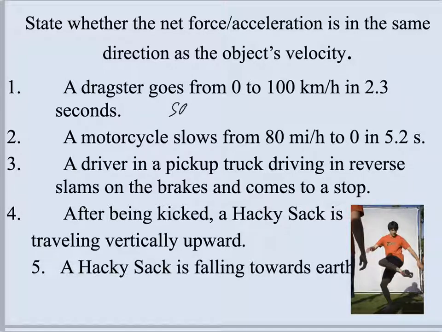So it's the same direction here for that one. A motorcycle slows from 80 miles per hour to 0 miles per hour in 5.2 seconds. So now this could be like our stop sign example, where we're coming to a stop sign and we're slowing down, where velocity is still going towards the stop sign, but the acceleration and net force are going the opposite way. So this would be opposite.